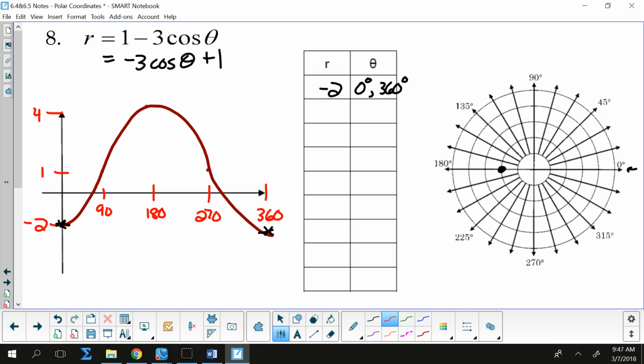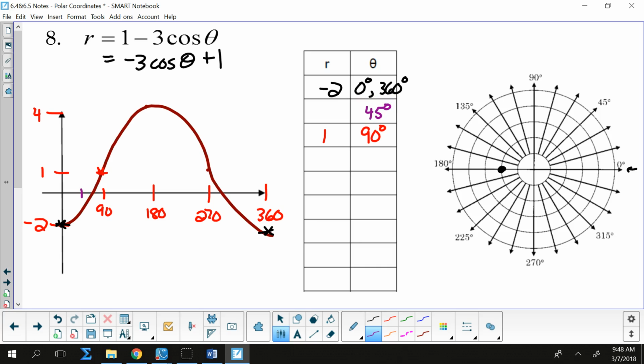Next easiest point. Even easier than that, 90, right? Okay. So we could go to 90 degrees. And what's the value of our function at 90 degrees? 1. Yep, it's 1. In between there would be what? 45, right?